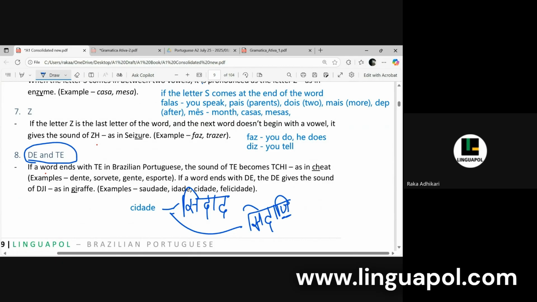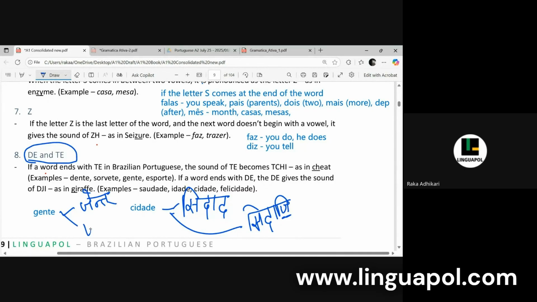The same thing goes for the word, for example, gente, which we are already familiar with. In European, we'll call it gente, and in Brazilian, genchi. So in European, it is gente.